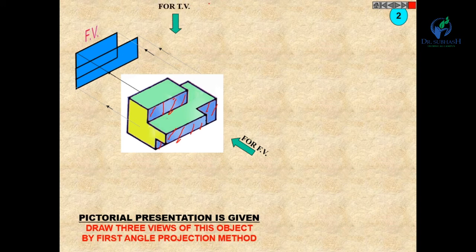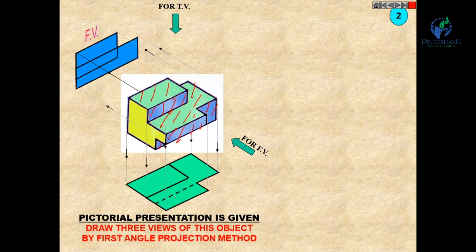Similarly, from the top you will find the top view. The green shaded portion is the top view. Now you can see this dash line.